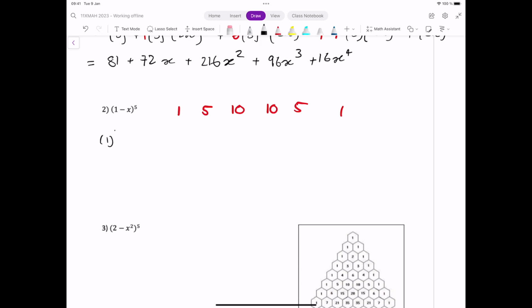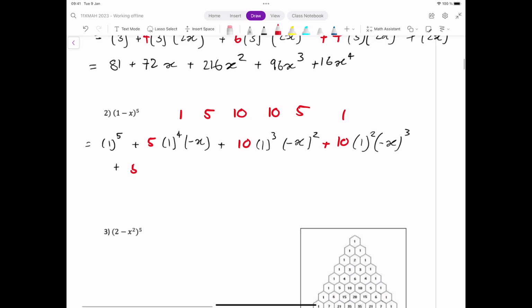So it's 1 to the power of 5 plus 5 times 1 to the power of 4 (minus x) to the power of 1 plus 10 times 1 to the power of 3 (minus x) squared plus 10, 1 to the power of 2, (minus x) to the power of 3 plus 5, 1, (minus x) to the power of 4 and finally plus (minus x) to the power of 5.